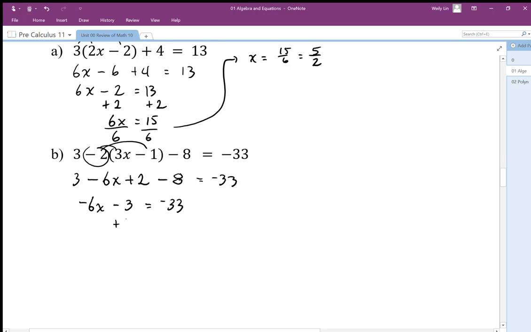Undo these calculations. We undo minus with plus, and we undo times with the divide. And I can get rid of the negative by dividing by negative, because negative divided by negative gives me my positive x, which is what I'm looking for. Here, the negative divided by negative is going to give me the positive 5.